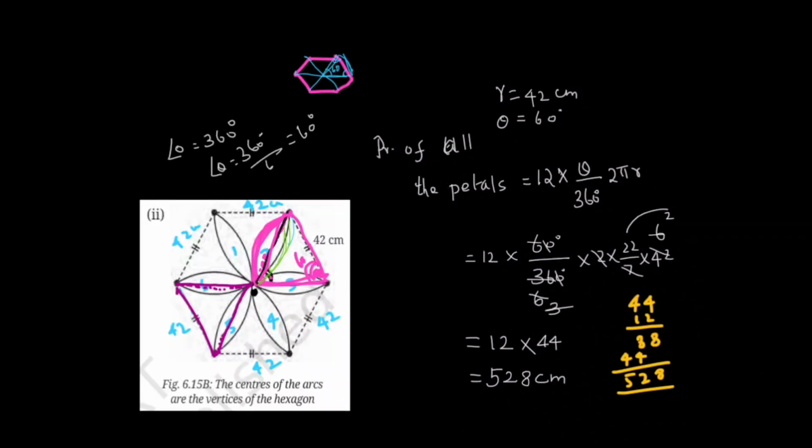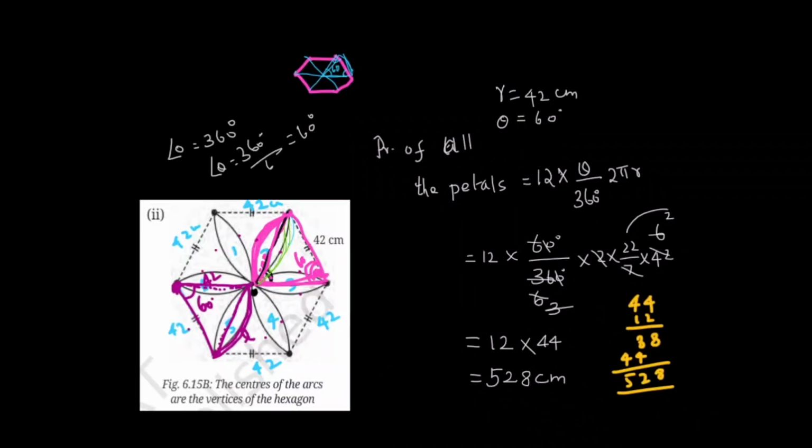This is my sector, and the radius is 42, here also 42, I can take an arc. This is my arc L with angle 60 degree. So like this, for all the sides of petals, I can take 12 arcs. 1, 2, 3, 4, 5, 6, 7, 8, 9, 10, 11, 12. 12 arcs.